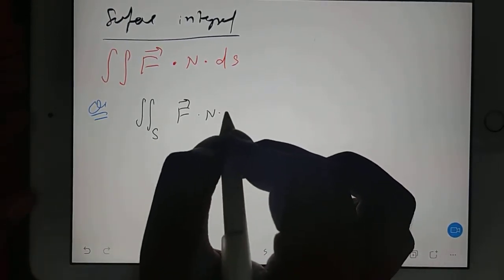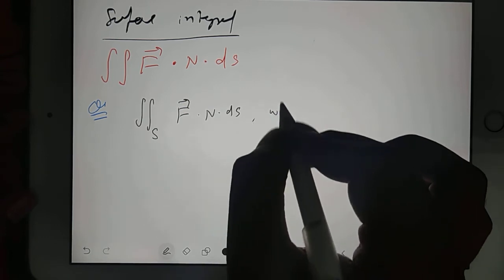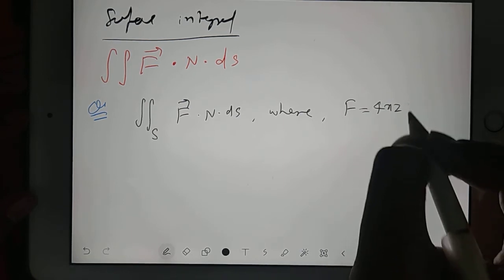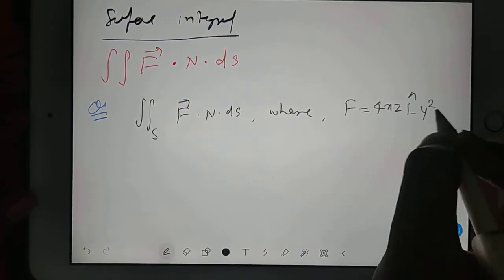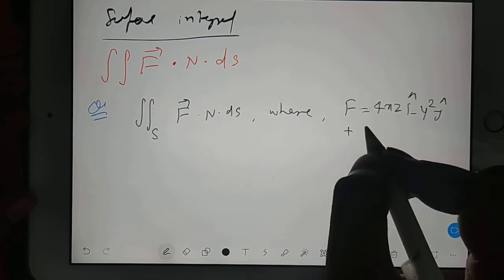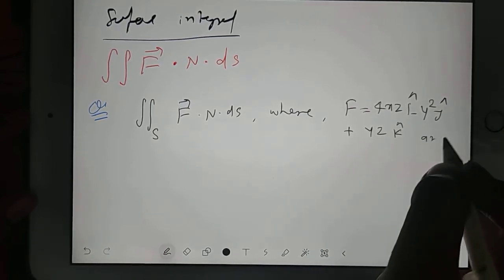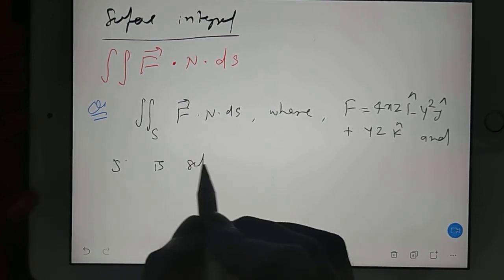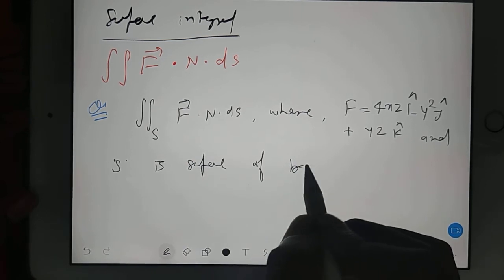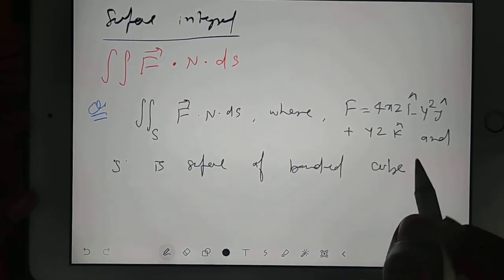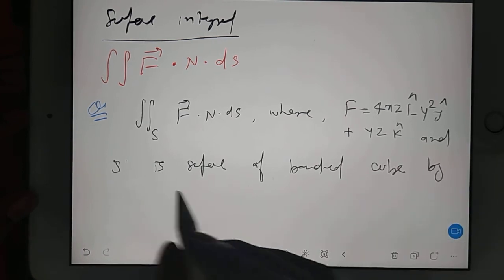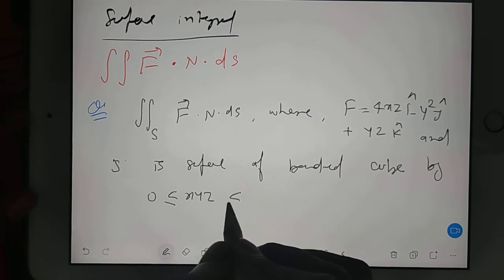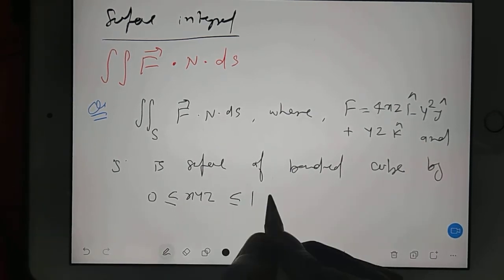Vector F dot n dS, where this F is equal to 4xz i cap minus y square j cap plus yz k cap, and S is the surface bounded by the cube x, y, z greater than or equal to 0 and less than or equal to 1.